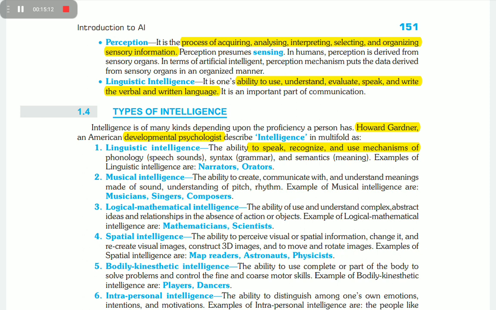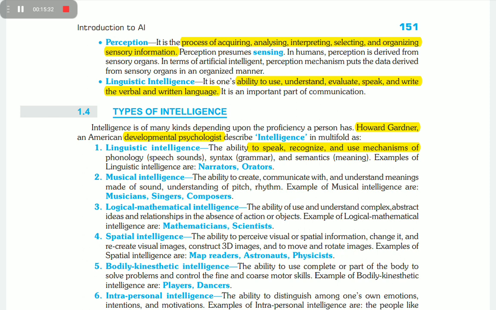So now we will move to our last topic for today's video, that is linguistic intelligence. Linguistic intelligence is one's ability to use, understand, evaluate, speak, and write the verbal and written language. It is an important part of communication.